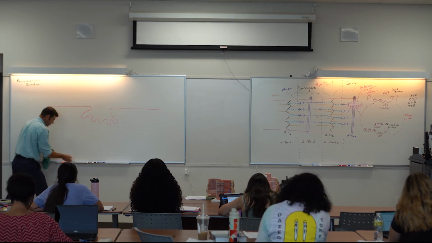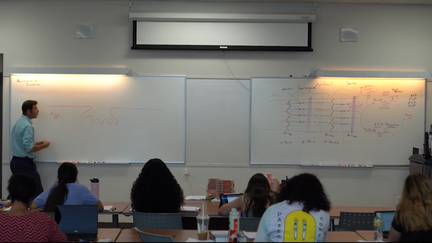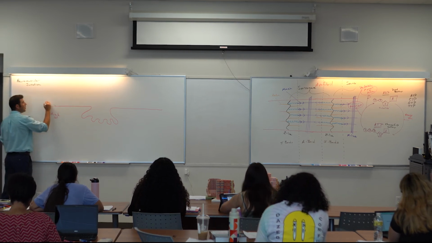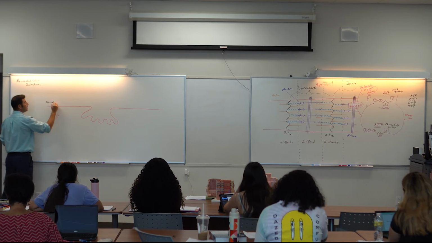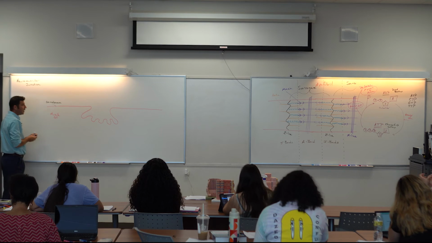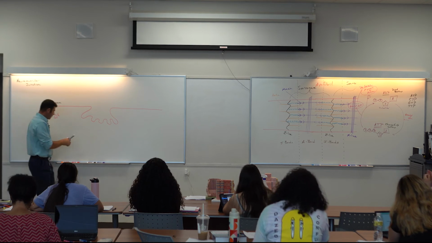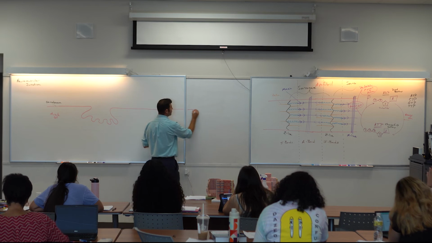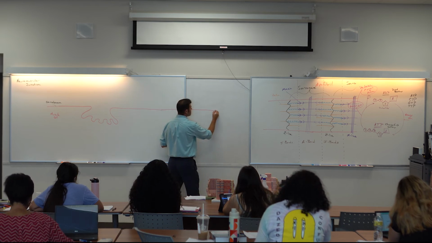Labeling parts of the muscle fiber. We know that this smooth plasma membrane is what we call the sarcolemma. That's just the plasma membrane of this muscle cell. And if we follow this muscle cell all the way down, let me take it a little bit further and cross over into this area.